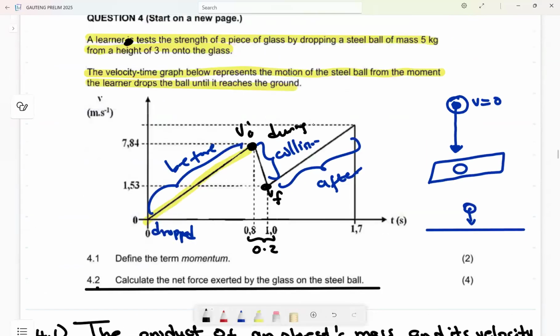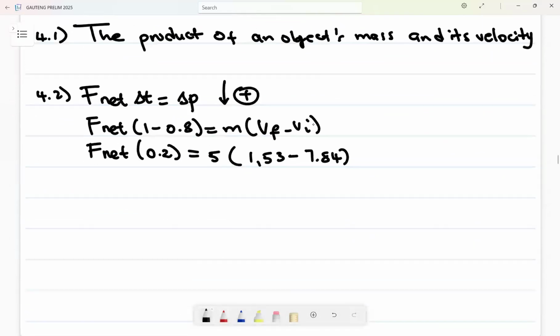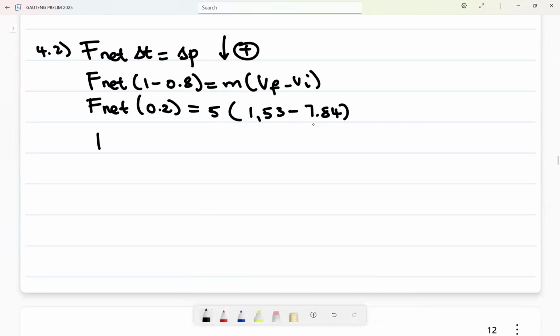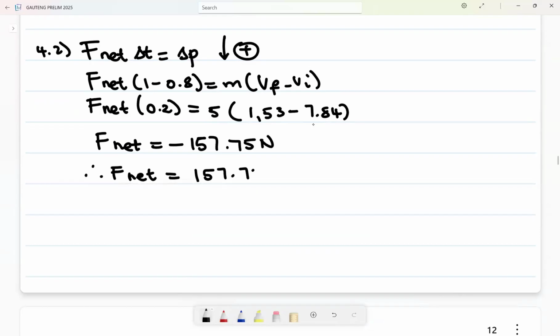I know it is not drawn to scale, by the way, but it's not important. What's important is the concept. Therefore my net force is going to be negative, and I'm going to explain why. It means my F net is 157.75 upwards.